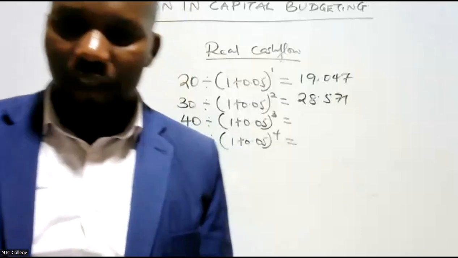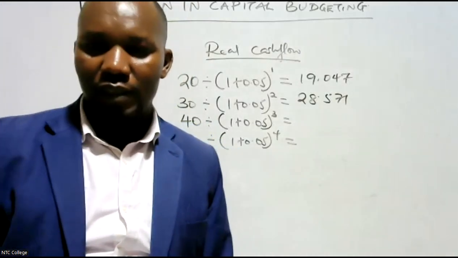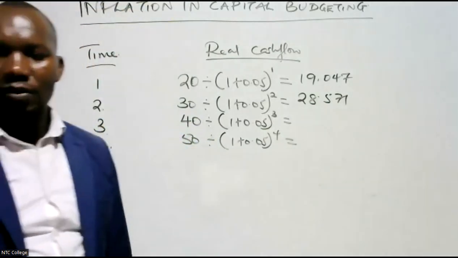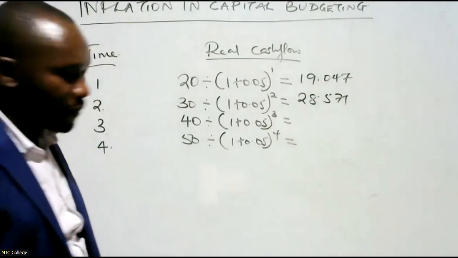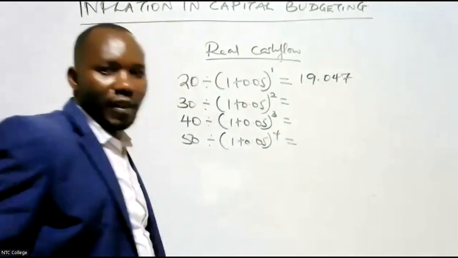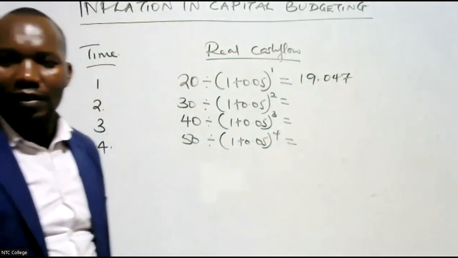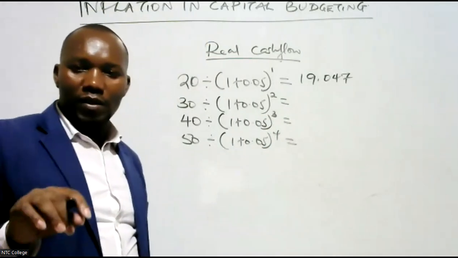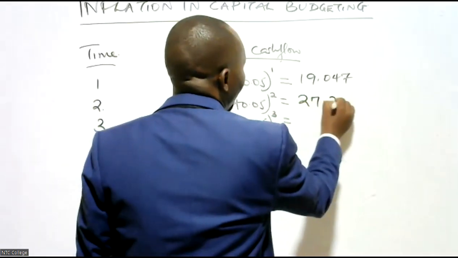Because I can see Winnie has a different figure, 27. What is the correct figure? Ruth, try. Edwin is saying that it's 27, so Edwin's is the same as Winnie's. 27.21.